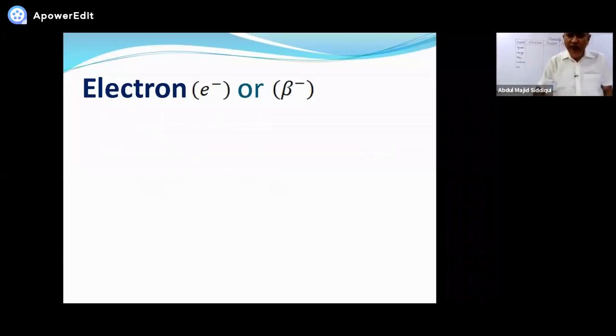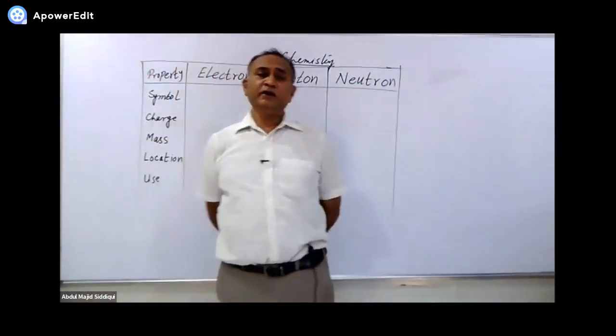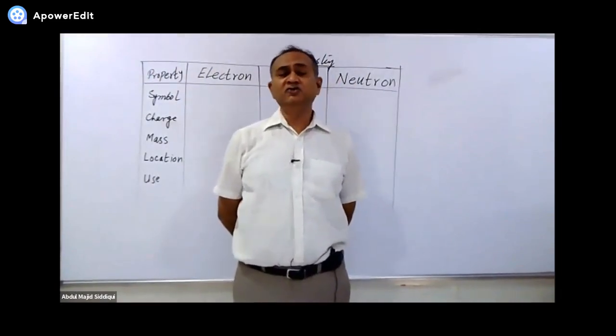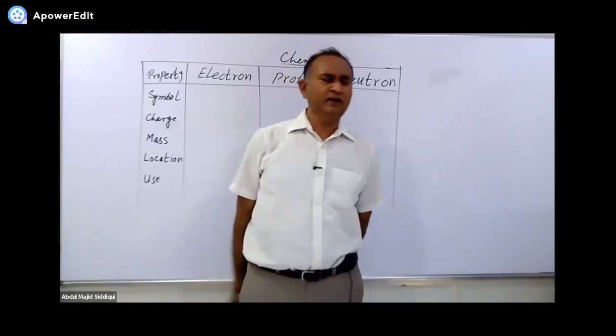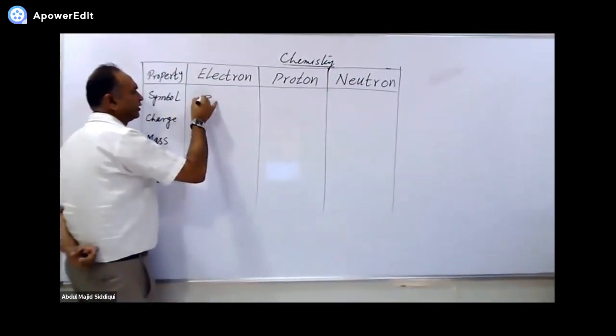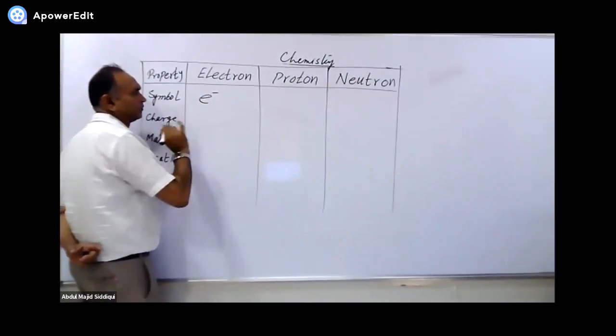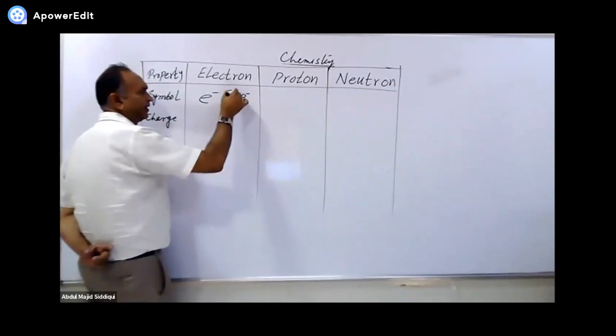Now I'm going to write on the board, see what I'm writing. So what are the fundamental particles of an atom? Electron, proton, and neutron. A very simple topic. Again, in your book, you can find anywhere. Alright? So what is the symbol of an electron? The symbol of an electron is e minus. Or sometimes somewhere, you can also see it like this, beta minus.